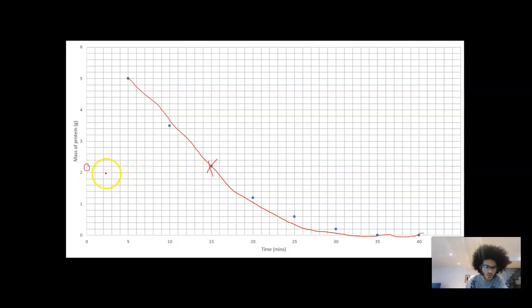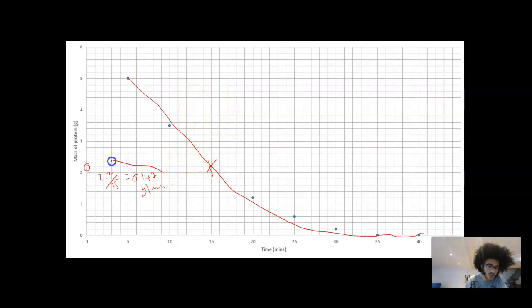But if I do 2.2 divided by 15, I'll just put it in my calculator, that gives a number of 0.147 grams per minute. Now that doesn't actually make as much sense as something that you've produced, so you're very, very unlikely to get problems like that.